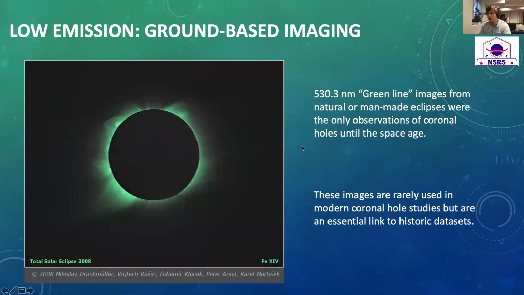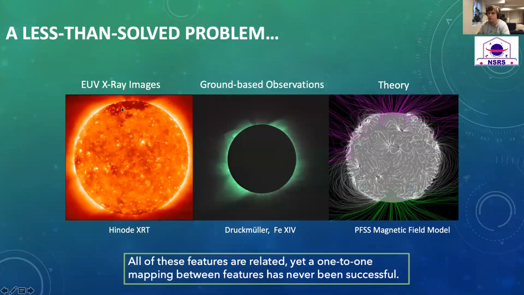All right. So we walked through all these three different definitions. We have dark patches in X-ray and EUV images. We have dim corona off the limb of the sun. And then we have theory, magnetic field modeling. This is a potential field model where we have the magnetic fields highlighted in three different colors.